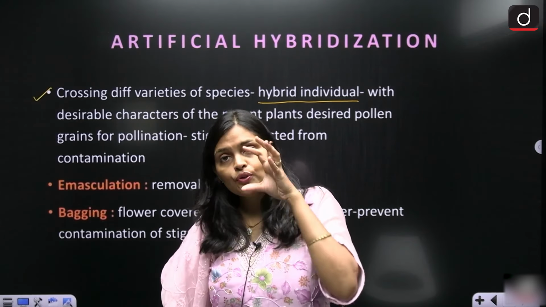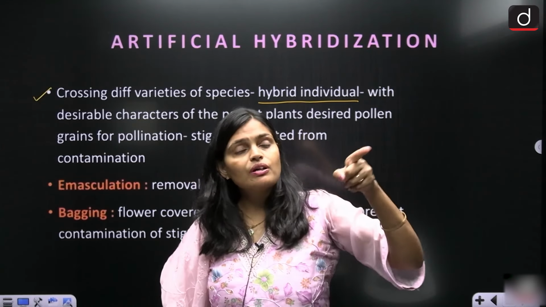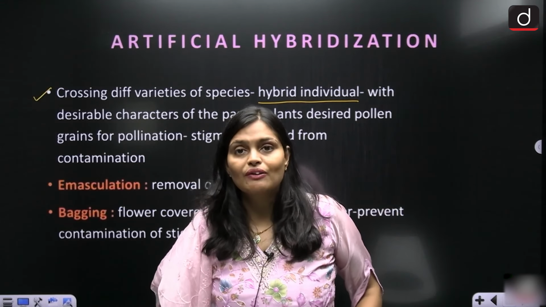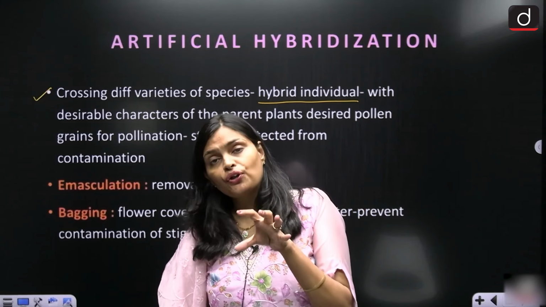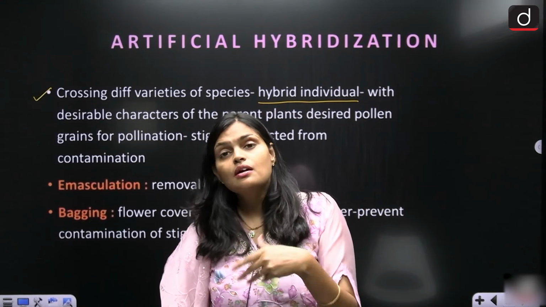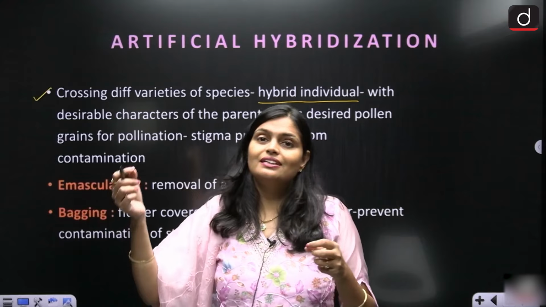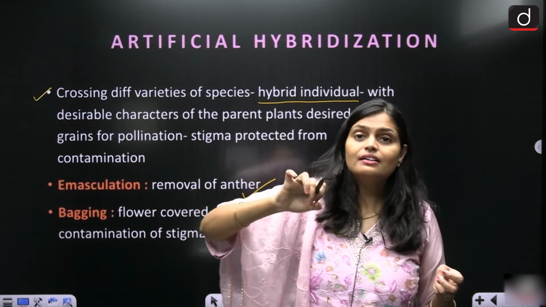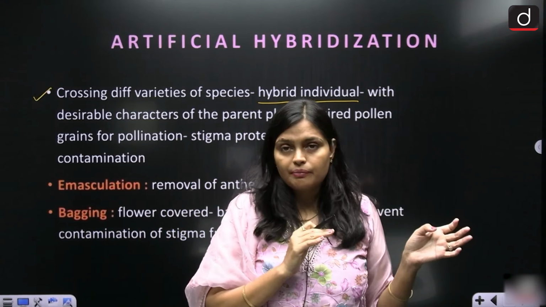Now you have to protect the stigma so that no other flower's pollen grain reaches the surface of the stigma. So you cover the flower with a paper bag, a process called bagging. Now you stick the pollen grain of the desired character, whatever character you want in the plant, right?